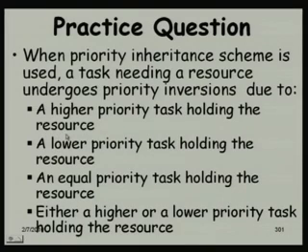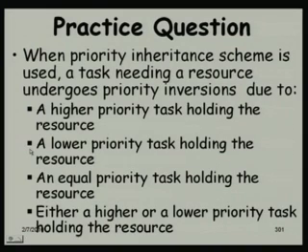When a higher priority task is holding the resource, inversion cannot occur, and when an equal priority task is holding the resource also, inversion does not occur, because it is at least the same priority. And either a higher or lower is also not true, because a higher priority task cannot cause an inversion. So, it is only the second choice.